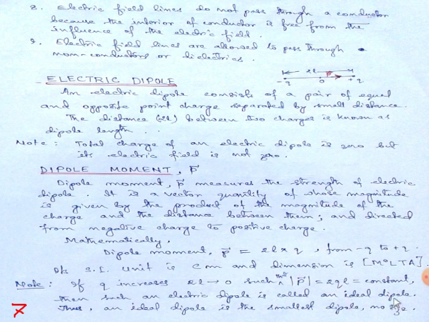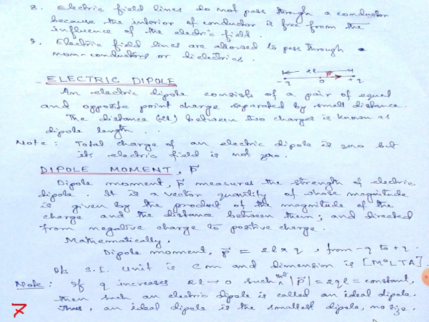So what is an ideal dipole? An ideal dipole is a dipole in which Q increases and the dipole length decreases, tending to zero, such that the magnitude of the dipole moment remains constant. Thus, an ideal dipole is the smallest dipole.